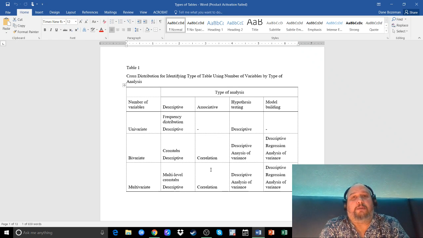If you're talking to a layperson in a research report, if you're talking to your chair in your dissertation, or you're talking to the academic community at large in a published article, that's your audience. These are the people who read these tables.